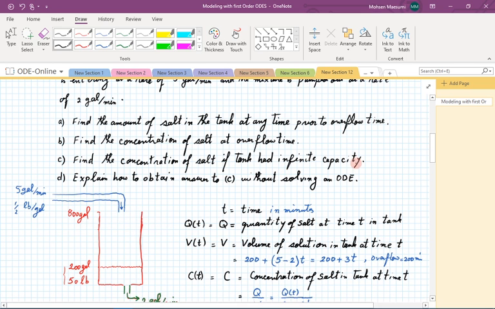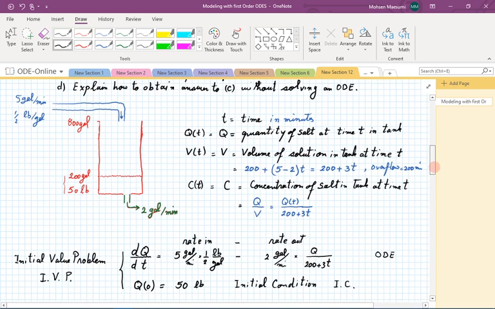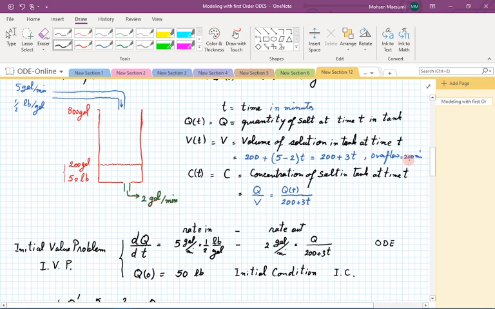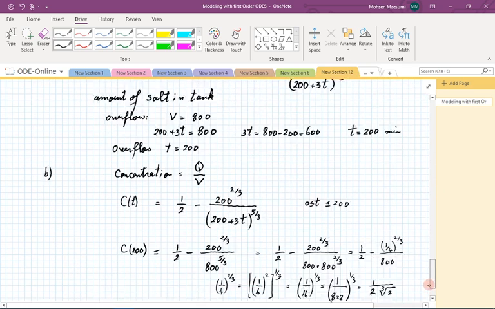Okay, if this has infinite capacity, when you want to set it equal to that capacity, our capacity was 800. If the capacity is infinite, then overflow time is also going to be infinite. So t goes to infinity.